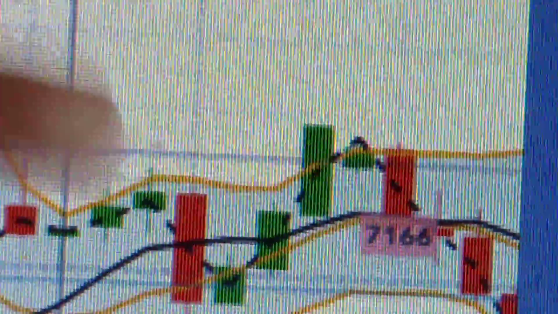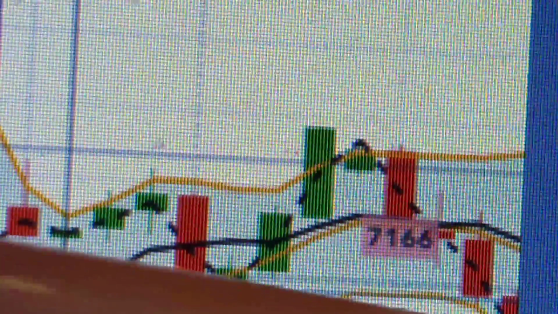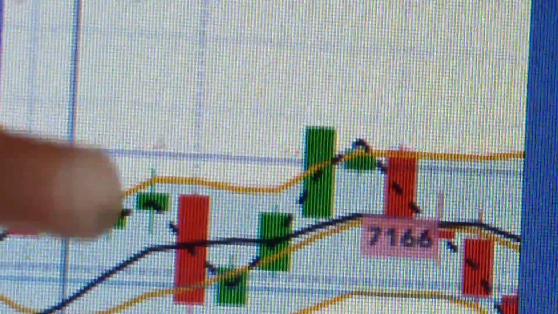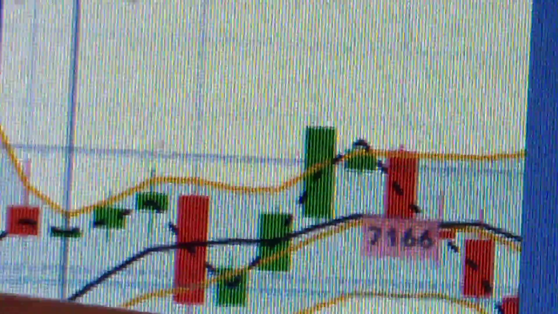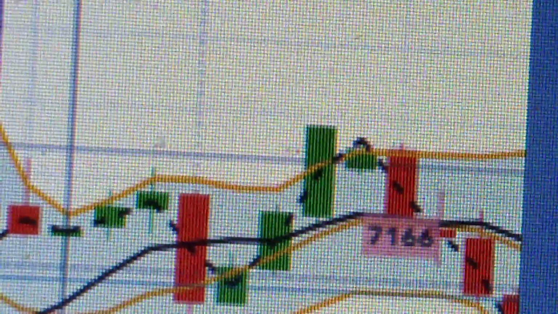Let me get my pointer. Around 7,200, and you go to the sell, and if you keep it, I'm sorry, it goes here. You put the sell in here, and you wait for it to hit the other side.